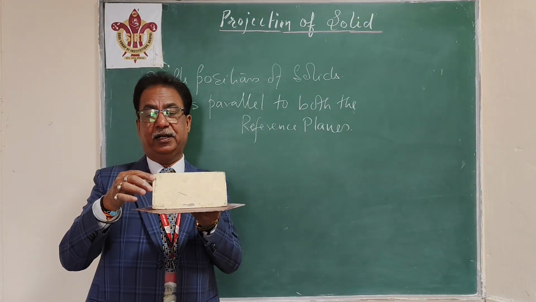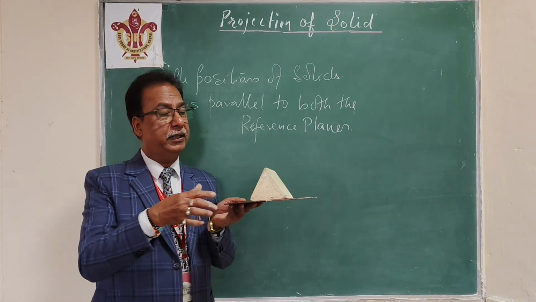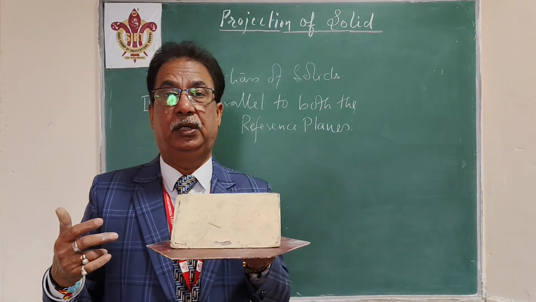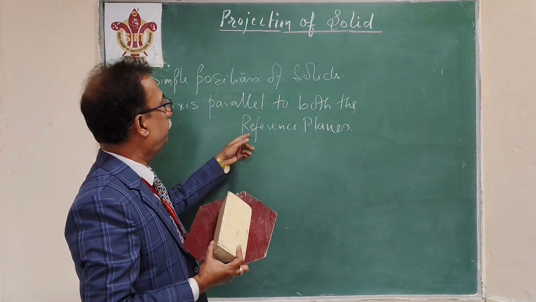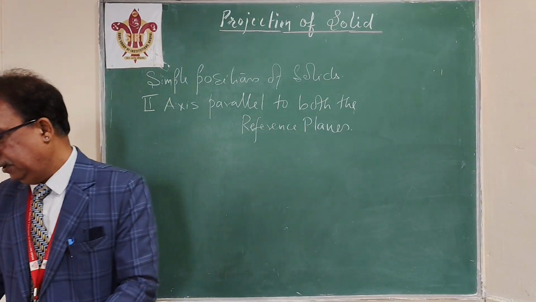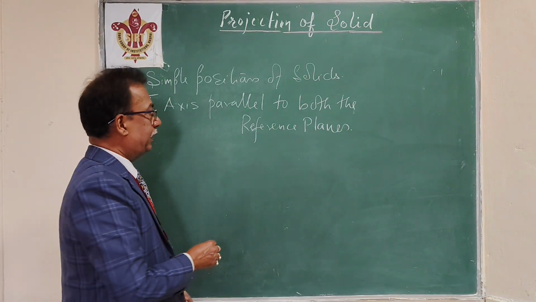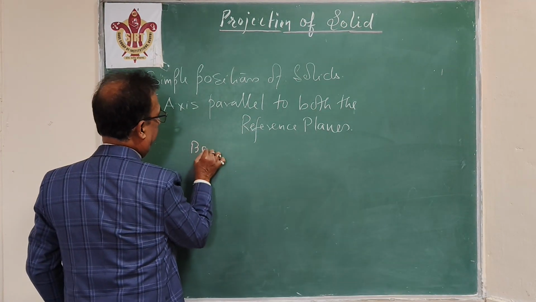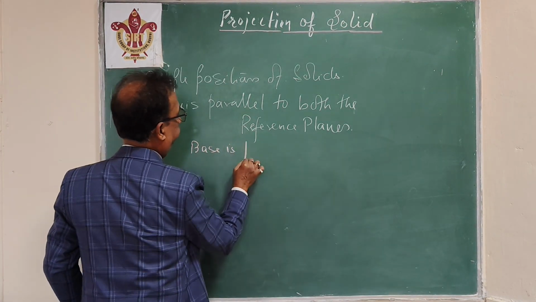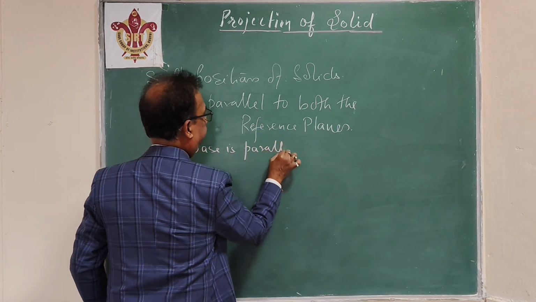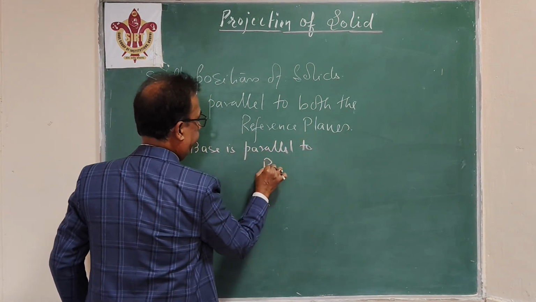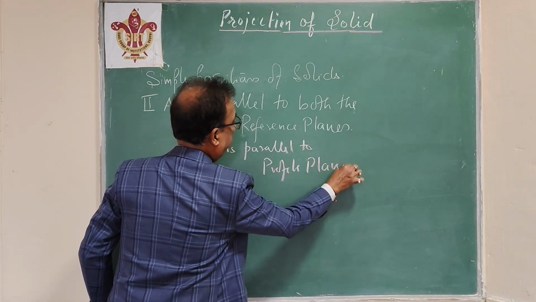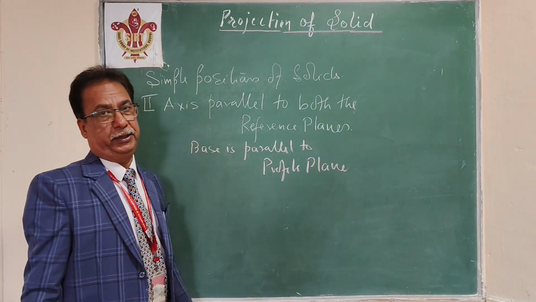Now look at this figure. If you look at the figure, the base will be visible in the side view. Axis parallel to both the reference planes means the base is parallel to the profile plane. As you know, in the profile plane we get the side view of any object.